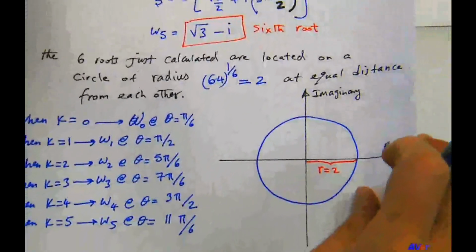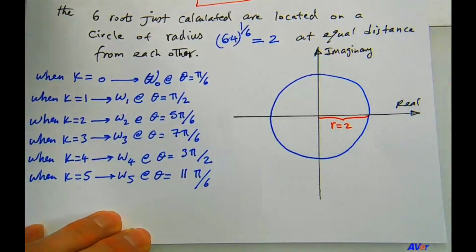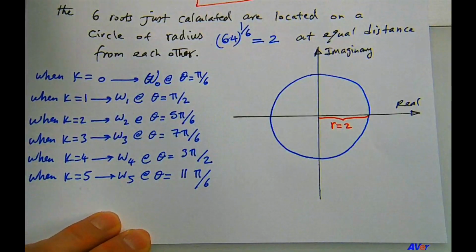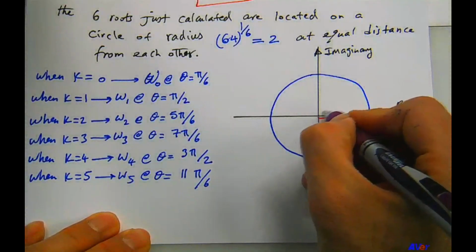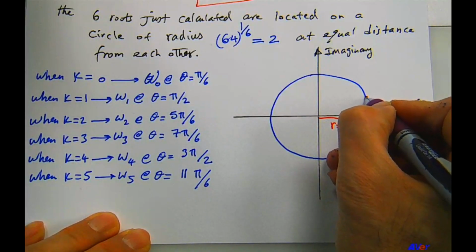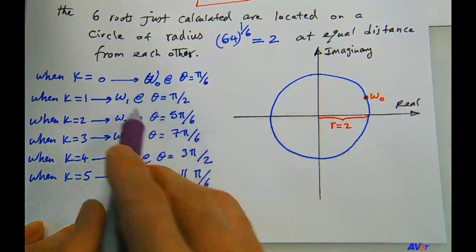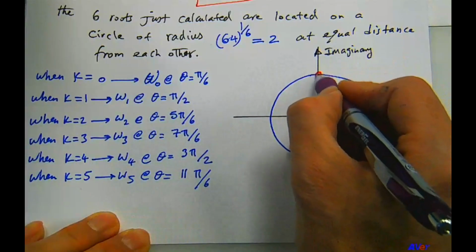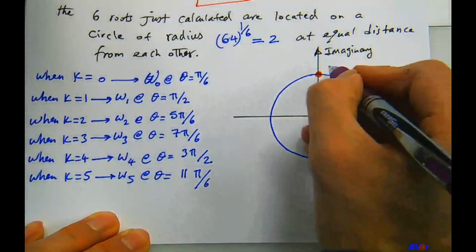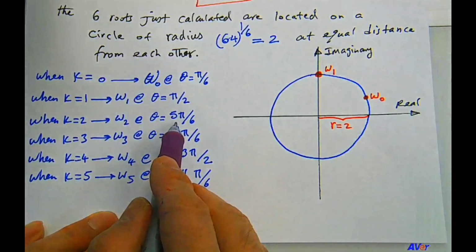Okay, so we can easily now plot all these roots around this circle. Pi over 6 would be somewhere right there. That's 30 degrees. So that's the first root. W1, or the second root, would be at pi over 2. That would be here. That's W1. W2 is at 5 pi over 6.